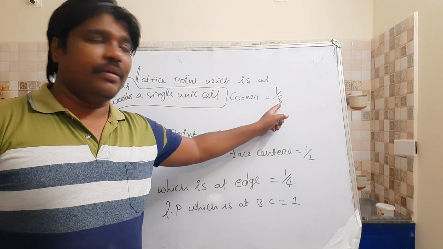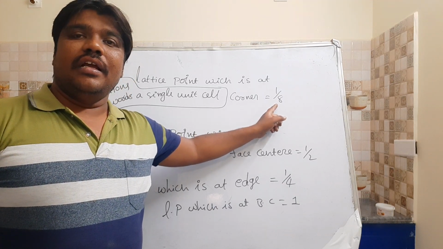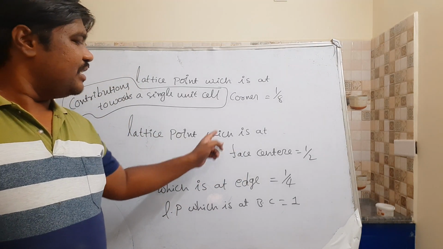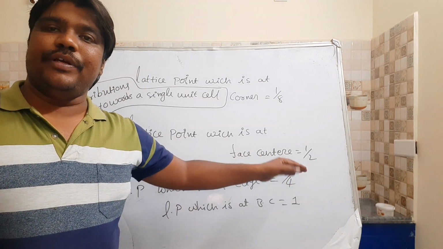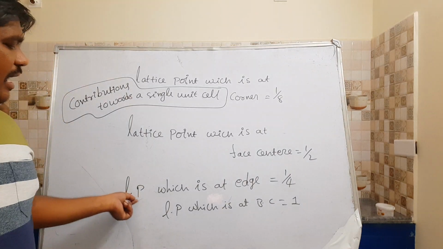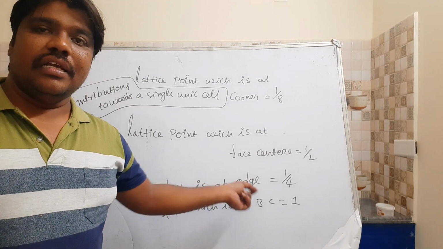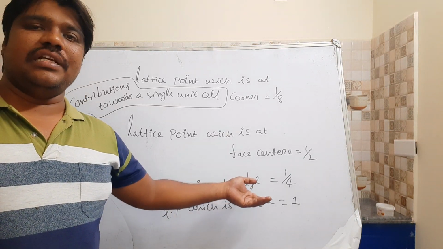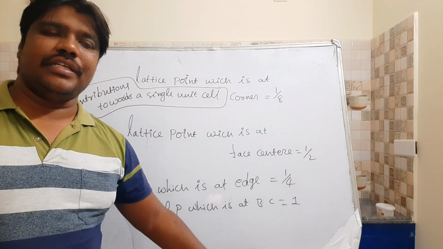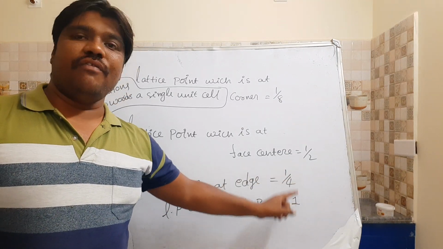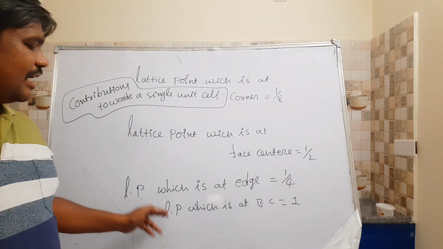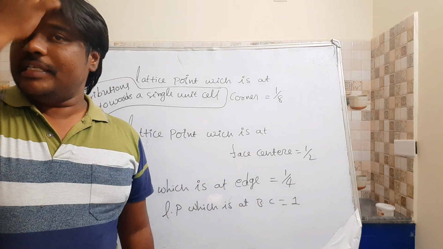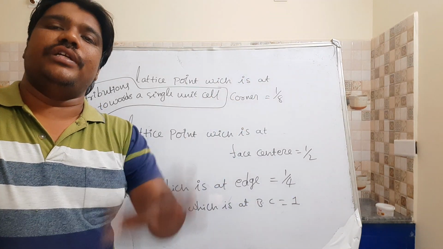Corner contribution is 1/8, face center is half, edge center is 1/4, and body center contributes wholly to the unit cell.